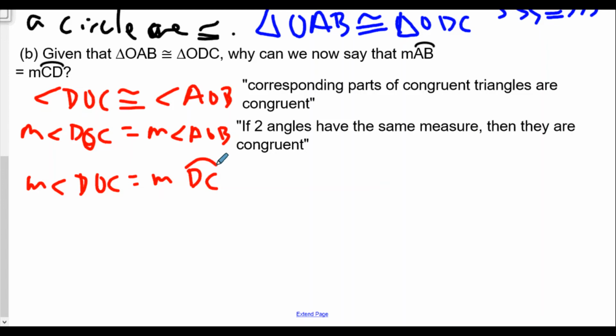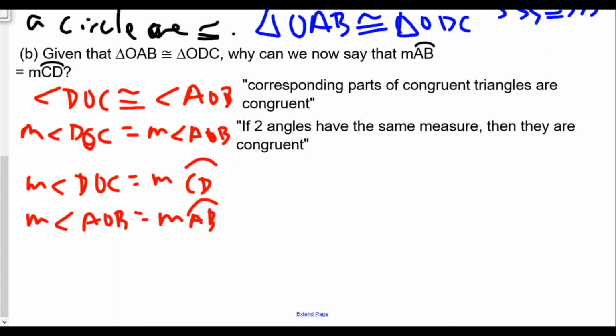Yes, it does, and you will have to do this as well. So the measure of angle DOC is equal to the measure of arc CD, I think they want to use CD, and the measure of angle AOB equals the measure of arc AB.